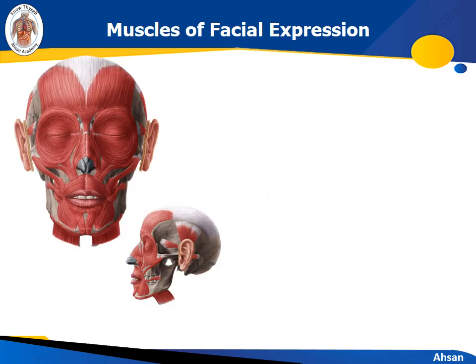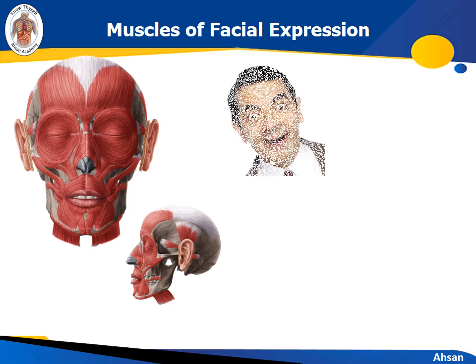We know that the muscles of the face are known as muscles of facial expression. They remain in the underlying loose connective tissue. So the gaps between the muscles are filled with loose connective tissue, and these muscles originate from bone or subcutaneous tissue and finally insert into the skin.